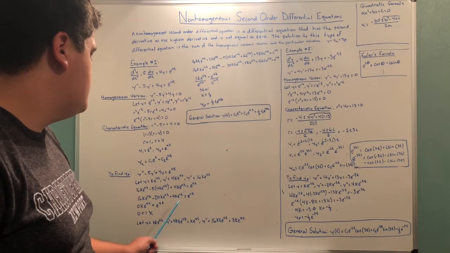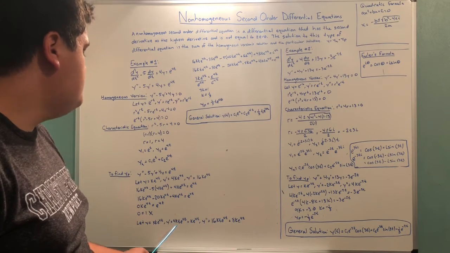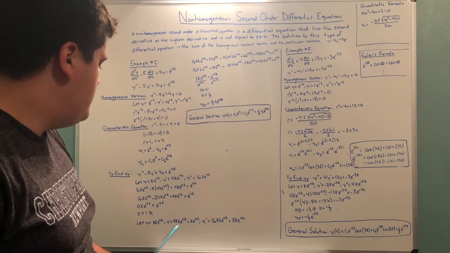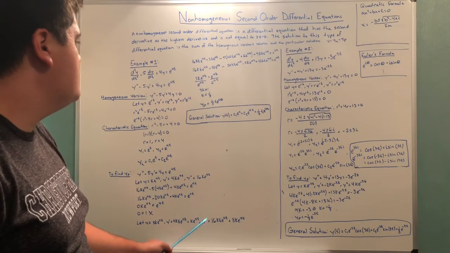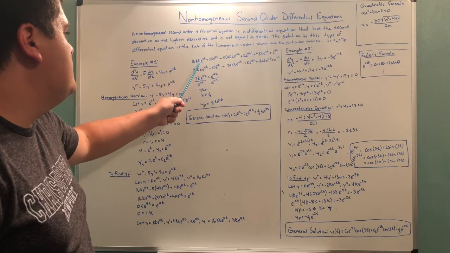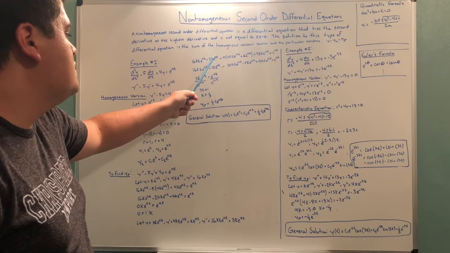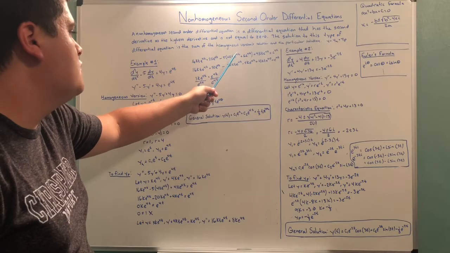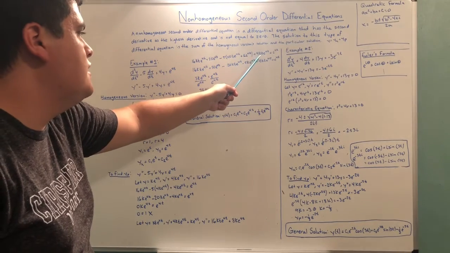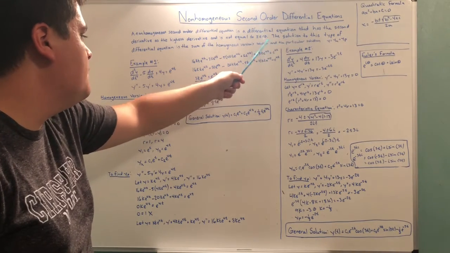These derivatives are also found using the chain rule. So now that we have these derivatives, we can substitute them back in. So 16kt e to the 4t plus 8k e to the 4t minus 5 times 4kt e to the 4t plus k e to the 4t plus 4kt e to the 4t is equal to e to the 4t.